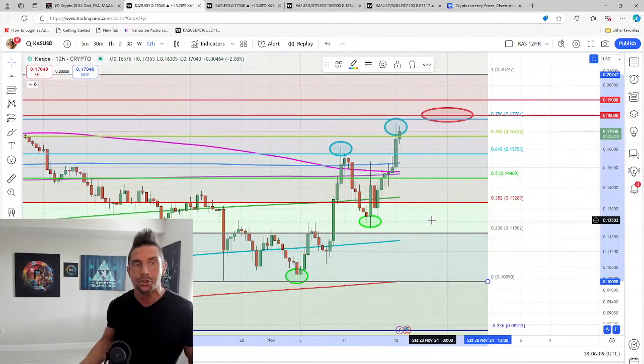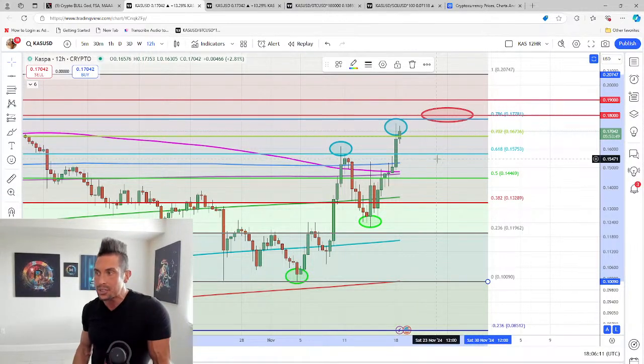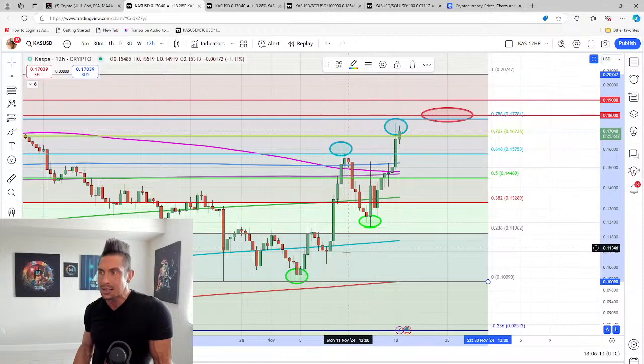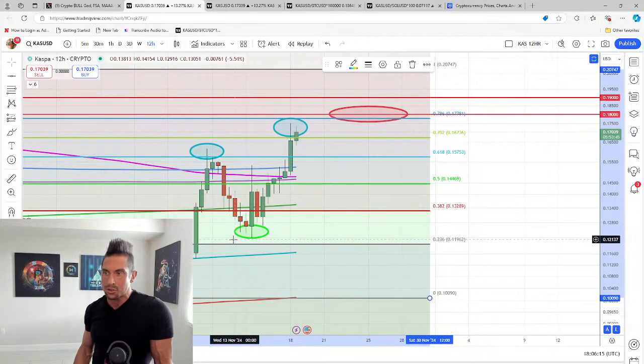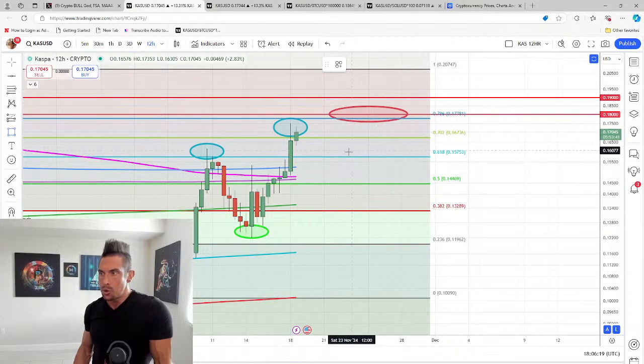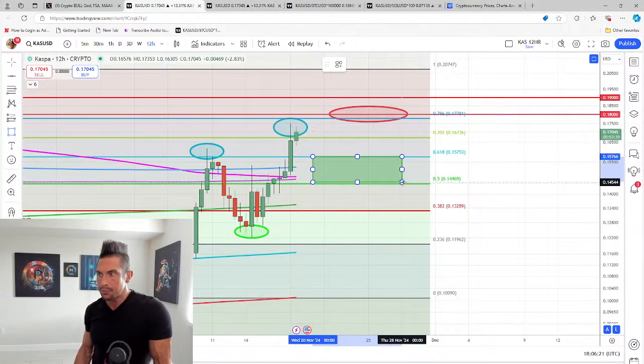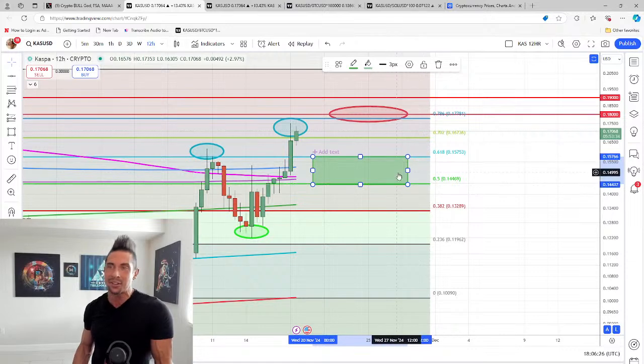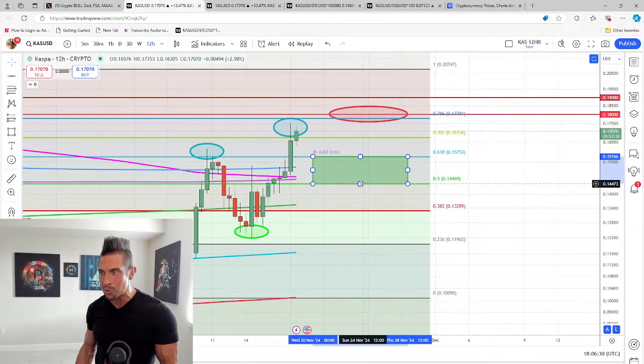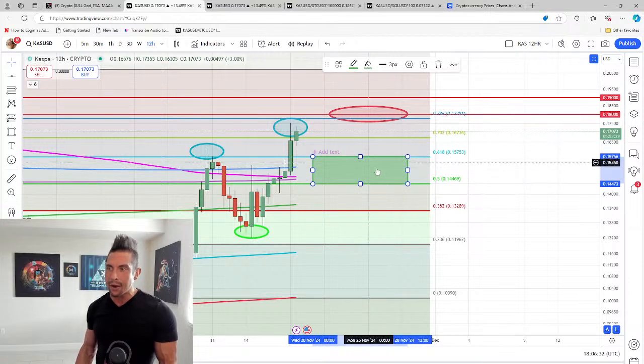There's a golden ratio called the 0.618. You can see that's at 15.7 cents. Ideally, what you'd want to see on this chart is to recapture this zone, okay? That's interesting because that line's right up at 14 to 15 cents, what I commented on earlier. I haven't looked at this before the live stream, so call it coincidence, call it whatever you want. This is the area that you want to hold.